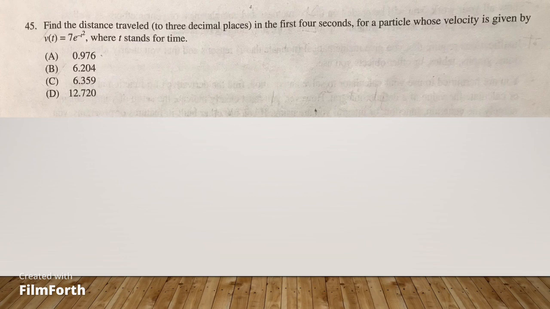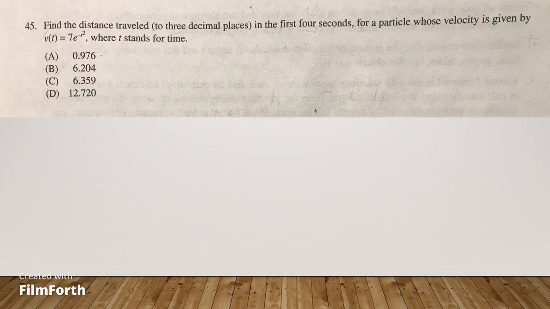And if we want to find the total distance traveled by a particle, we need to watch out if the particle changes direction in the interval they give us. So in our case, we need to check if in these 4 seconds this particle changes direction. One way the particle changes direction is when velocity equals 0.